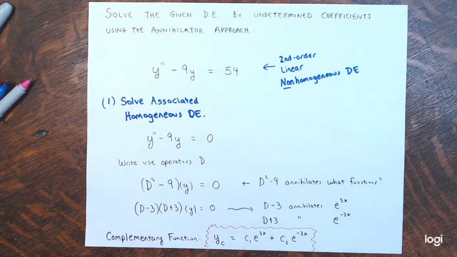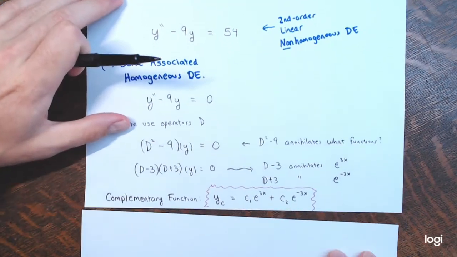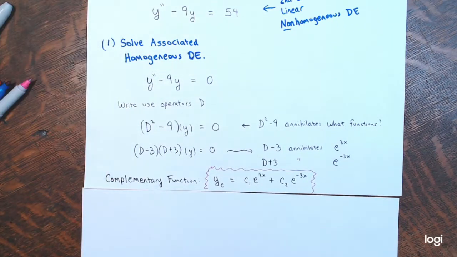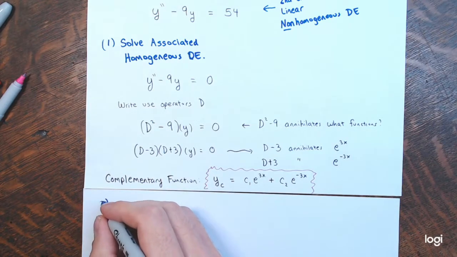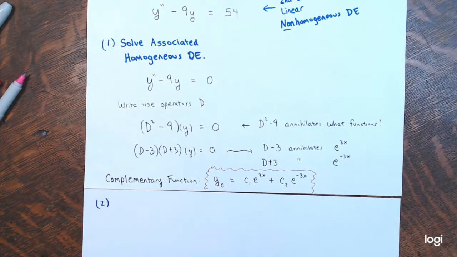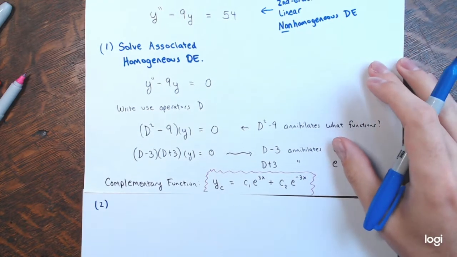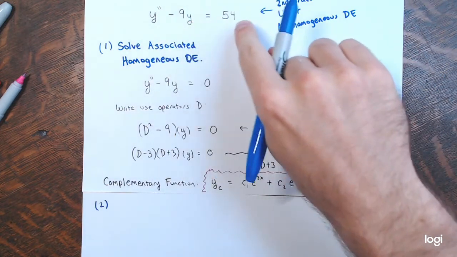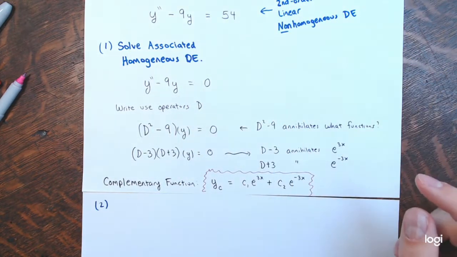Okay. So that's step one: solve the associated homogeneous differential equation. Step two is going back to the original non-homogeneous equation.